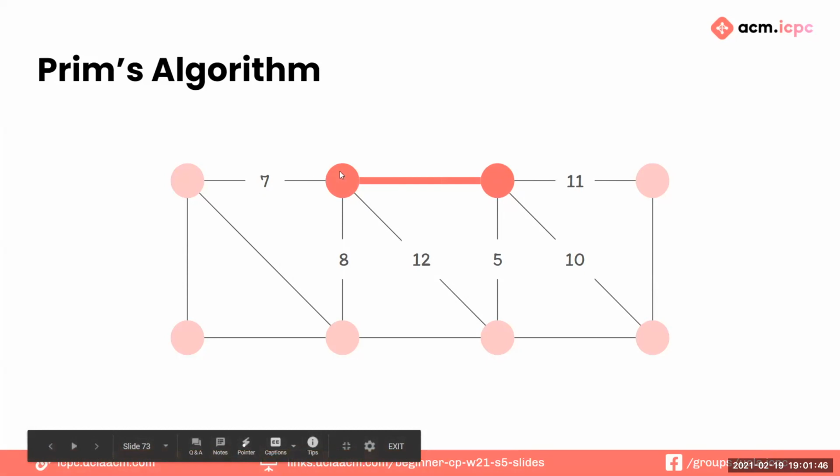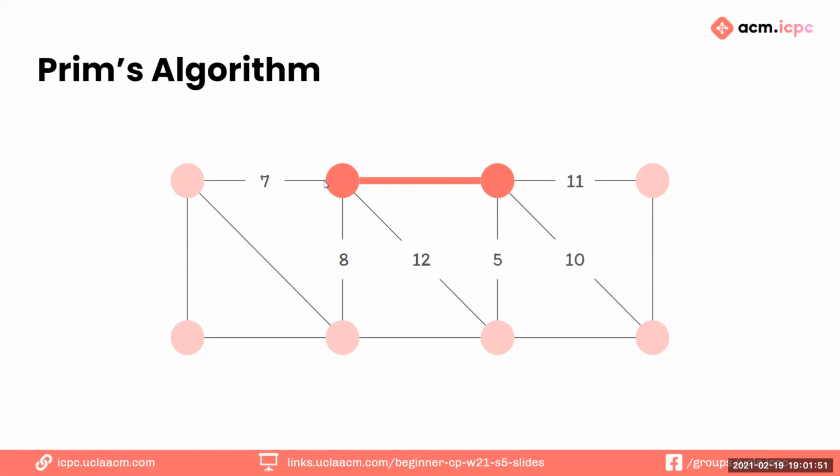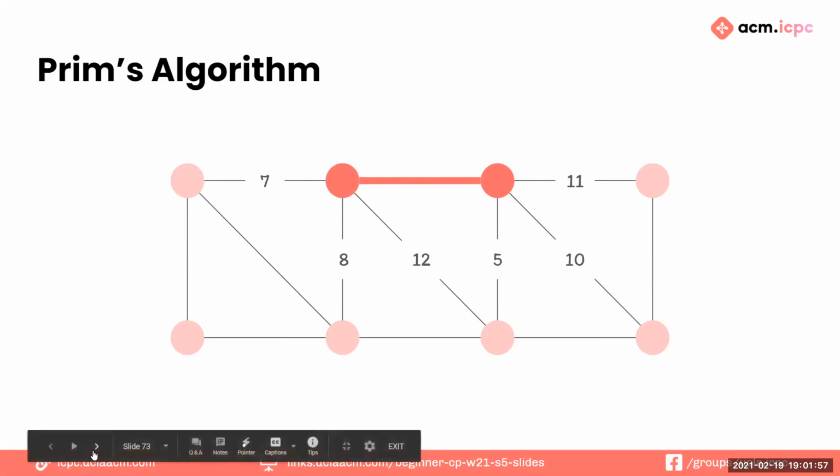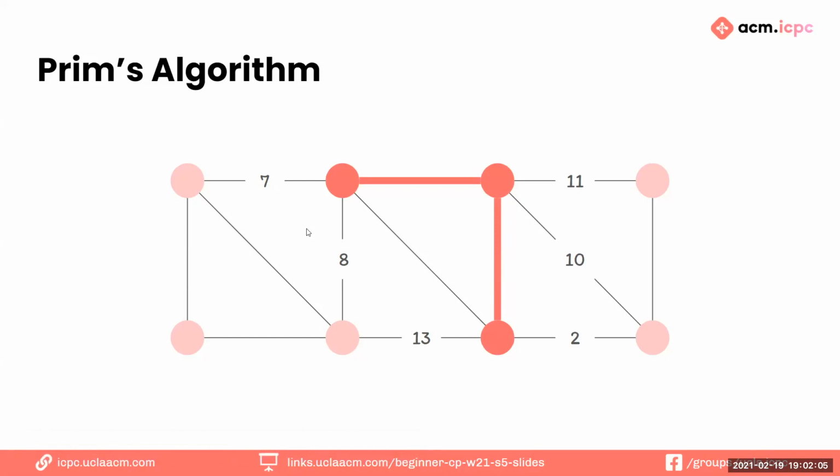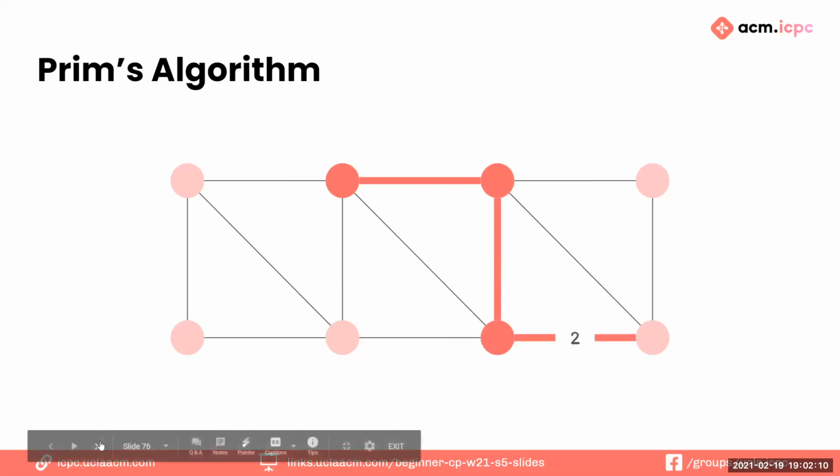We grab all the edges that go from a darkened vertex to a lighter vertex, take the minimum one, which in this case would be 5, and then we keep going. 2 is the minimum here, so we include 2.